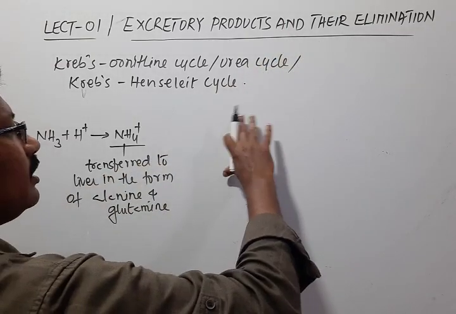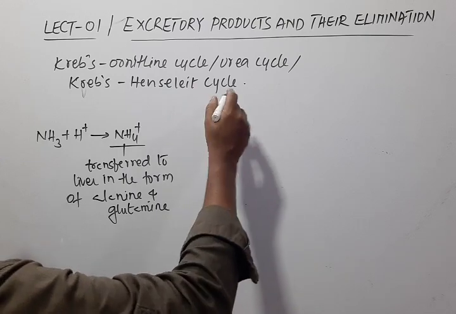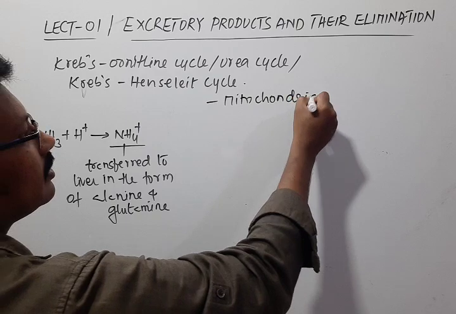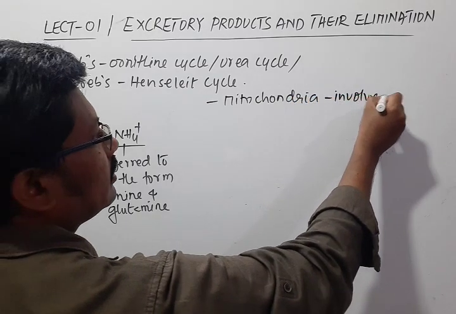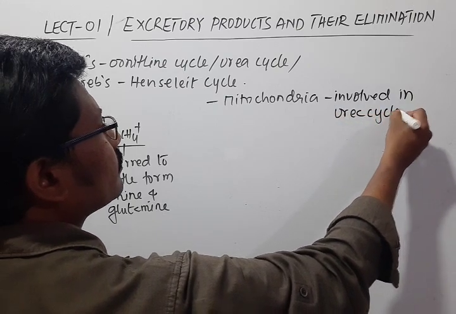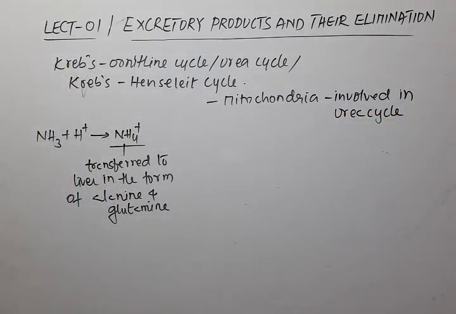So in the liver cells, it is the mitochondria that are involved in the urea cycle. Already in the mitochondria there is an amino acid called ornithine, which I'll talk about later.